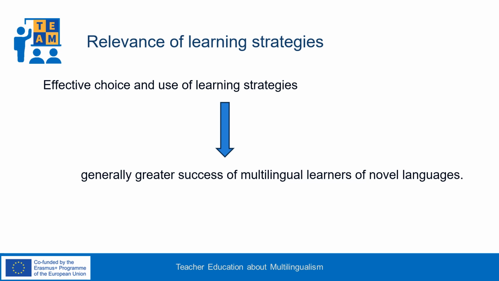Effective use of learning strategies is an important element in successful learning of languages. As was highlighted in the previous screencasts, experience in the use of learning strategies and greater flexibility in their selection are among the factors contributing to the fact that multilingual learners are generally better learners of new languages than monolingual or bilingual learners.